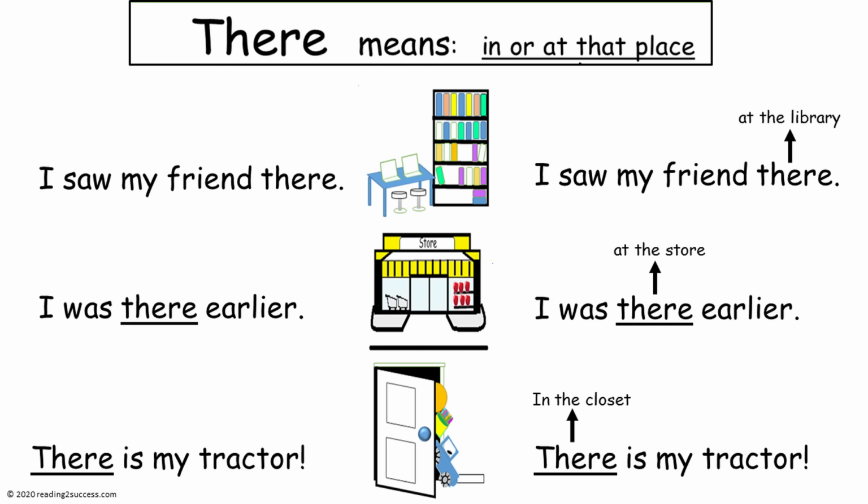In the closet is my tractor. So in the first sentence, there means at the library. In the second sentence, there means at the store. And in the third sentence, there means in the closet.